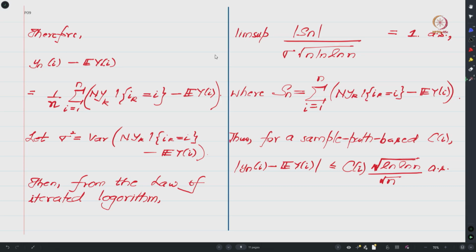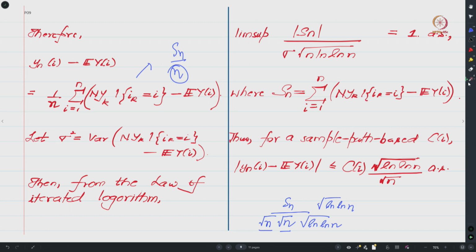And from this result and the fact that here you have S_n over n, if I take S_n over n and write it as S_n over square root n times square root n, then what I will do is multiply and divide by square root log n.